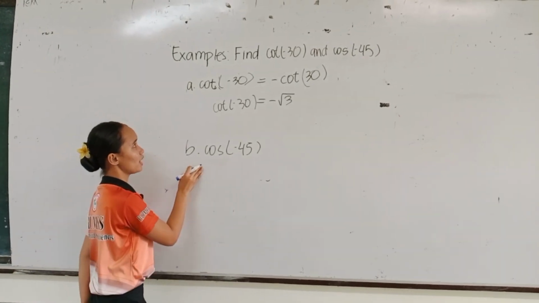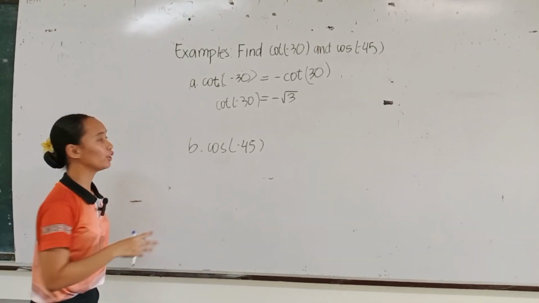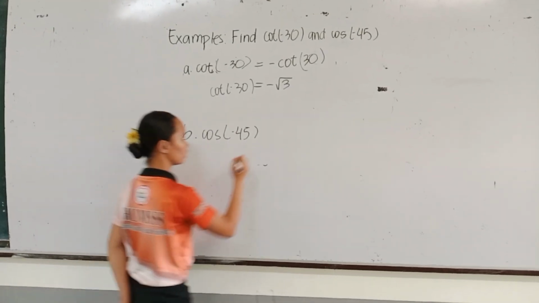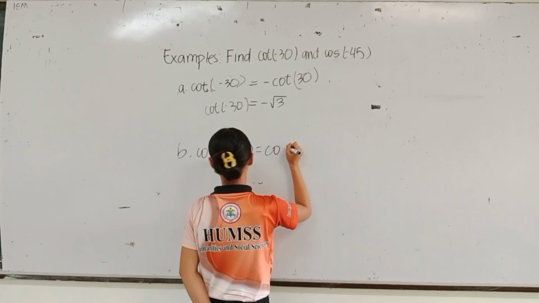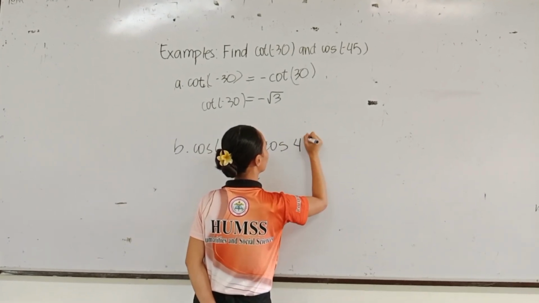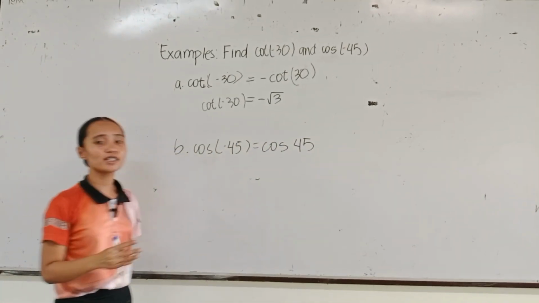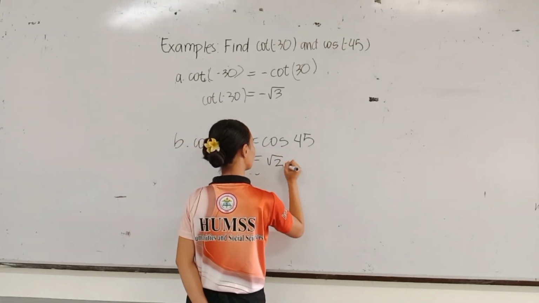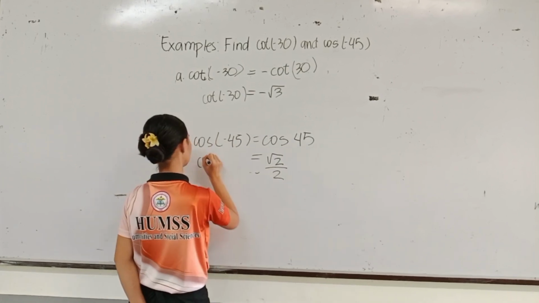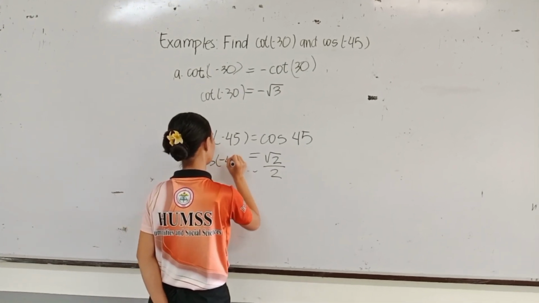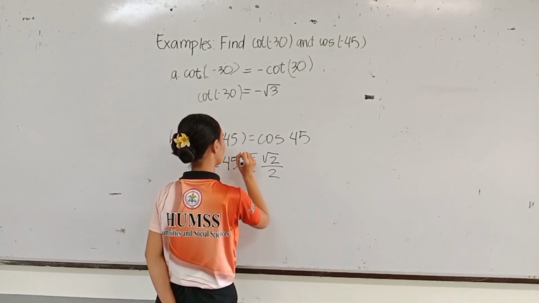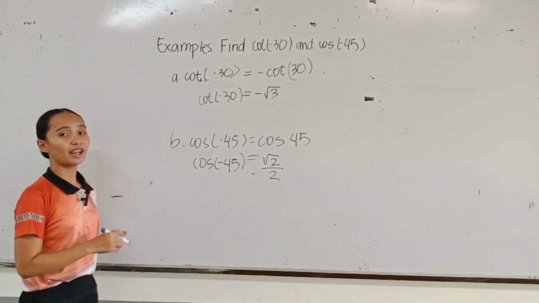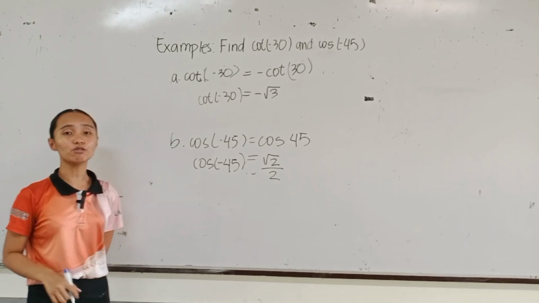The same process, so for the cosine of negative 45, we will use the even function. Next is to evaluate this. Therefore, cosine negative 45 is equal to square root of 2 over 2.